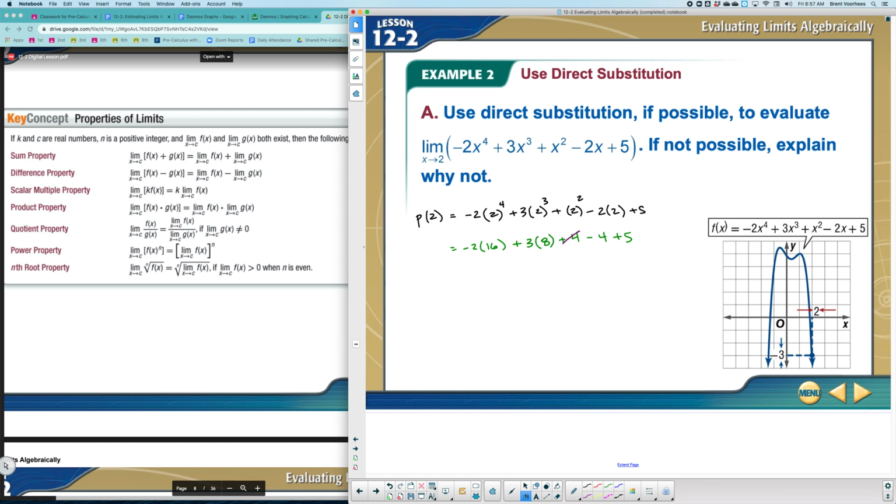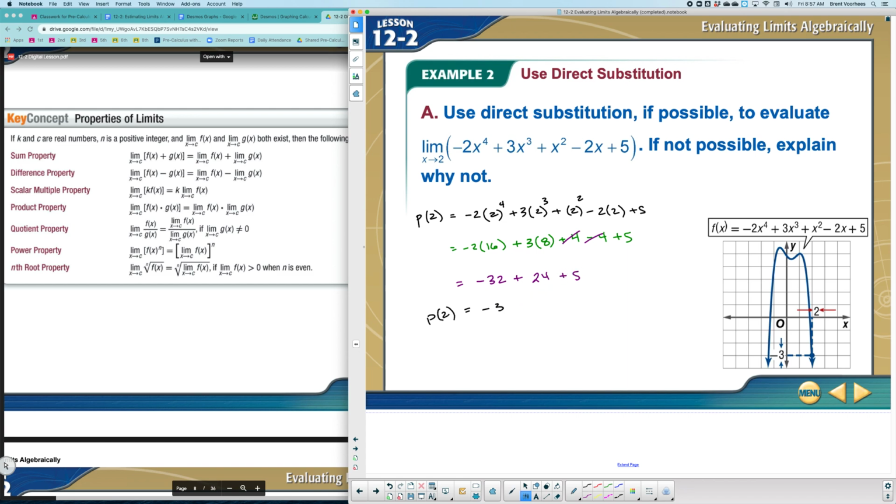We go to simplify. These two will simplify together, the 4's. And so negative 2 times 16 is negative 32, plus 3 times 8 is 24, plus 5. And so negative 32 plus 24 is negative 8, and 5, I get negative 3.